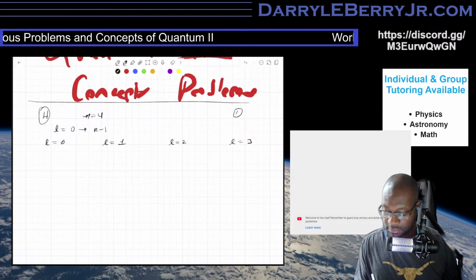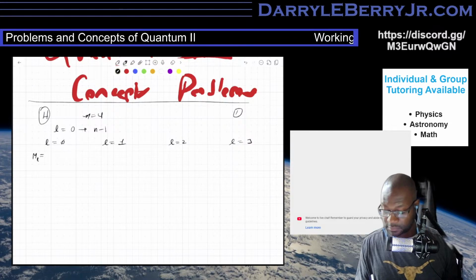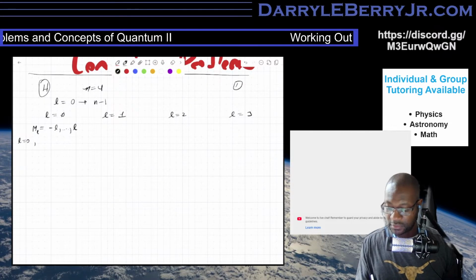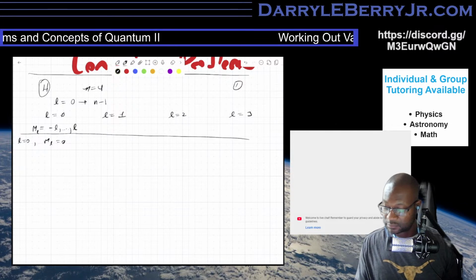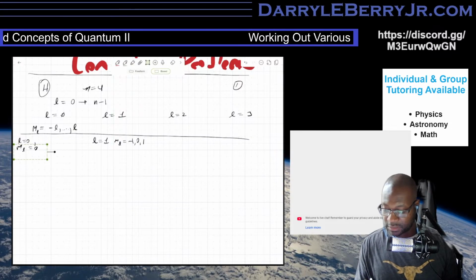And ML equals negative L and everything in the middle to L. So L equals 0, ML equals 0; L equals 1, ML equals negative 1, 0, 1. I'll write this slightly differently.